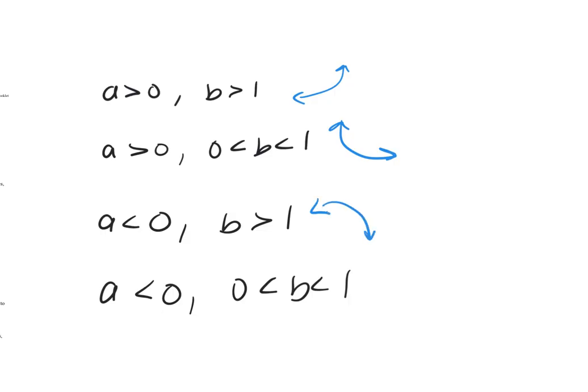And if it's negative and B is between 0 and 1, it flips upside down, so it has growth. So: growth, decay, decay, growth. If you are describing whether it has growth or decay, that's how you do it.